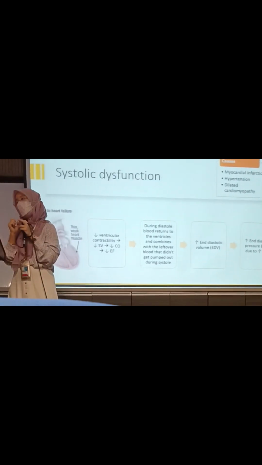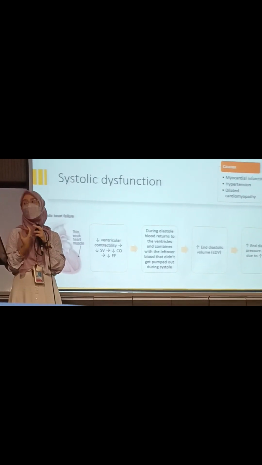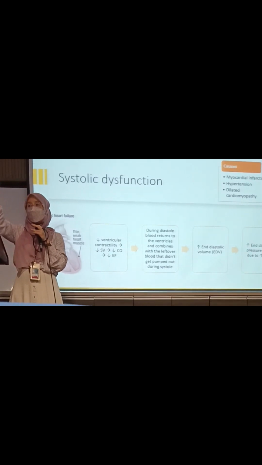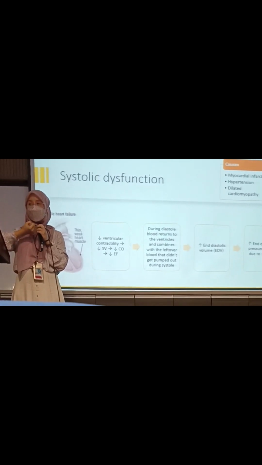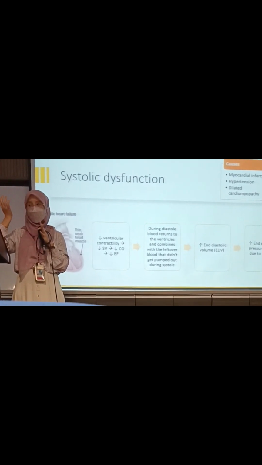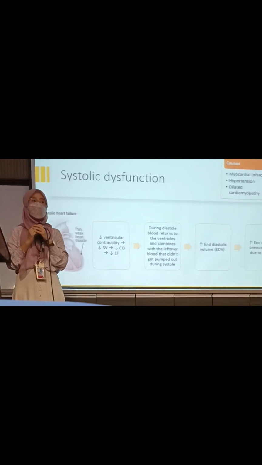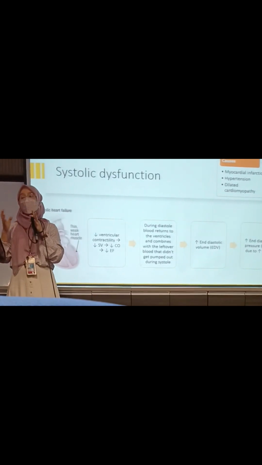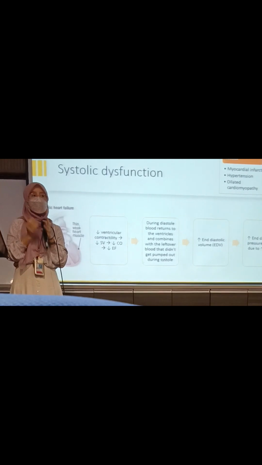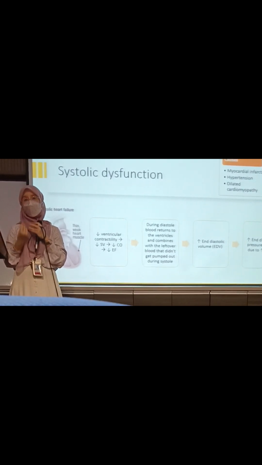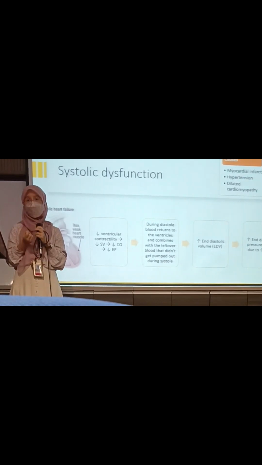Okay, other than that, hypertension. Because pressure kat atas tu tinggi, dia tak boleh nak pump against the high resistance. Or in dilated cardiomyopathy. In this, the ventricle walls are thin and dia memang very weak. So macam mana dia nak contract forcefully?